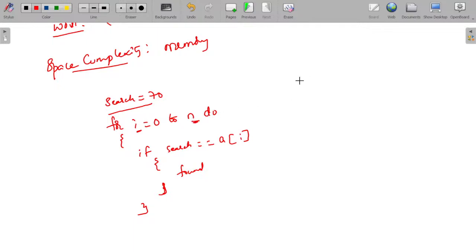So here we have 2 plus, whatever the size of the array is, represented in terms of n. So the space that it is going to occupy is 2 plus n, right? And this is the amount of space that this particular algorithm is going to take to complete its execution. So this is how we compute space complexity. Space is nothing but the amount of memory it is going to occupy in order to complete the execution of this particular problem or algorithm.